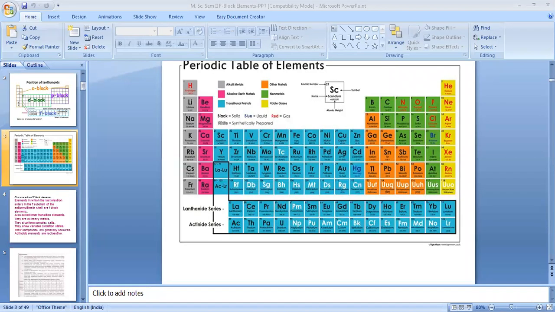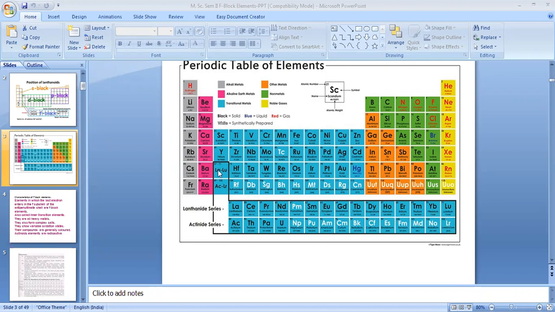If you look at this slide, we can see that this is the lanthanide series which starts with lanthanum and ends with lutetium, and the actinide series which starts with actinium and ends with lawrencium 103.